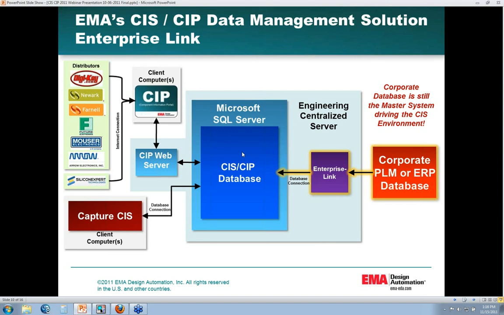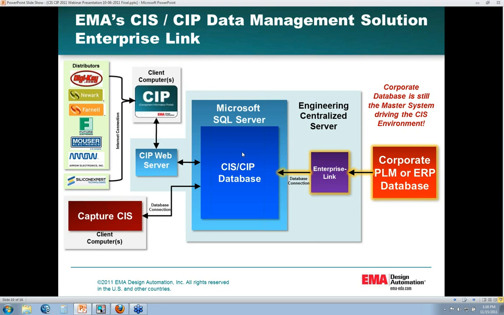This product delivers corporate information to the design engineer's desktop. It enables engineers to design with the corporate approved parts, and it prevents unnecessary new part introductions and associated administrative burden. So it definitely has quite a few benefits there.